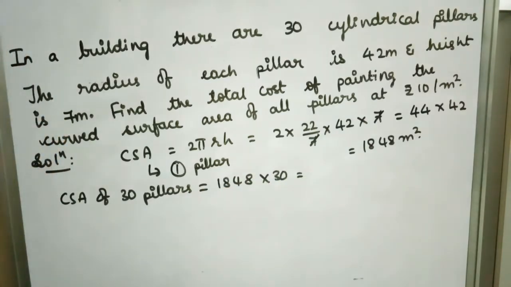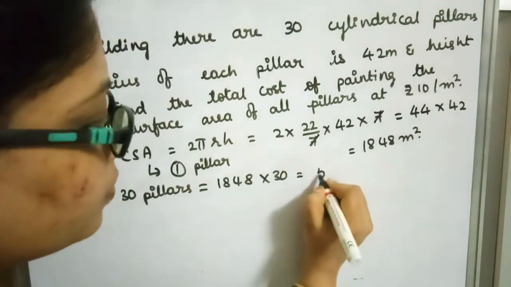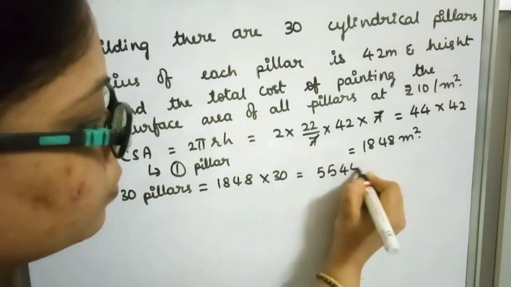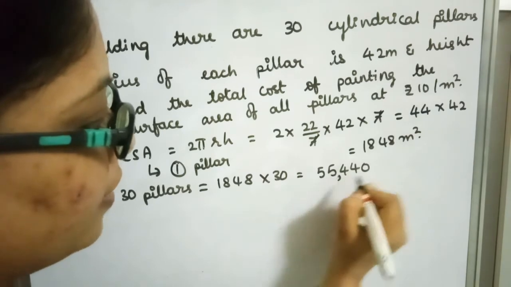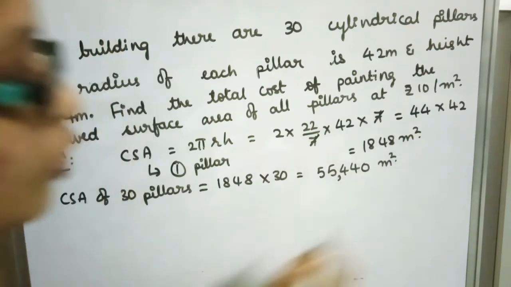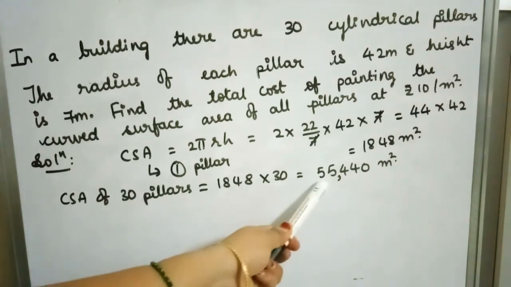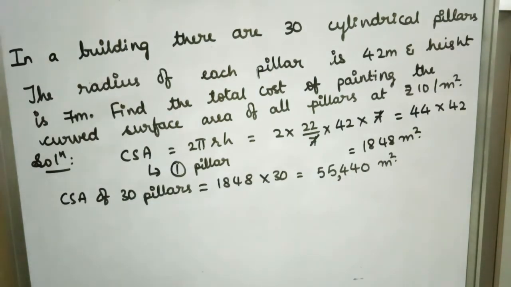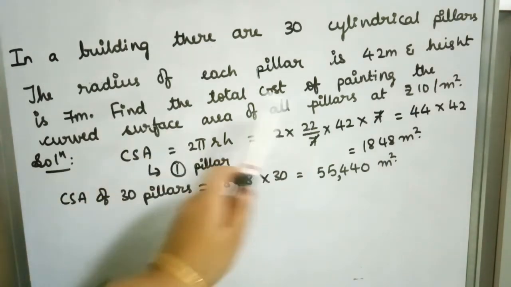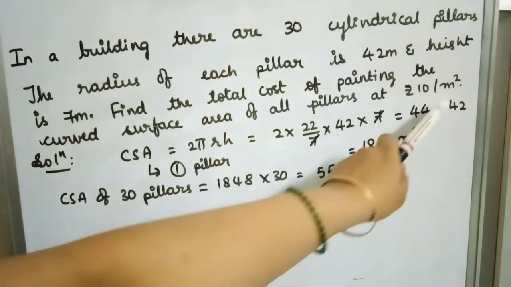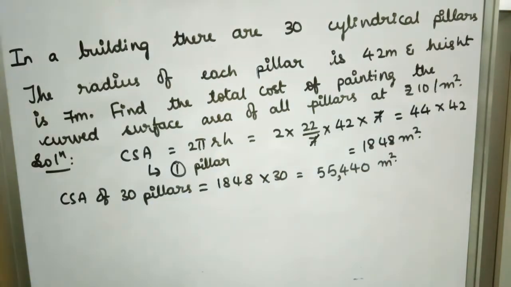So which gives you 55,440 meter square. So the CSA of 30 pillars is equal to 55,440 meter square. And in the question it's given as the cost of painting 1 meter square is equal to 10 rupees. So 10 per meter square means the cost of painting 1 meter square is equal to 10 rupees.